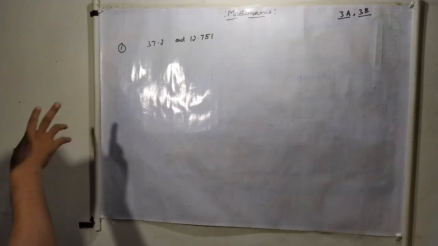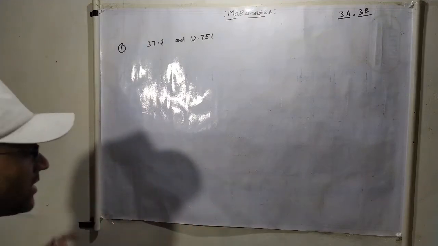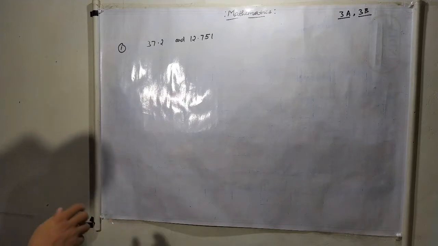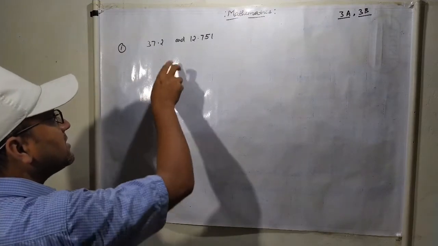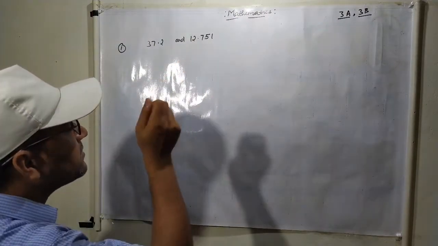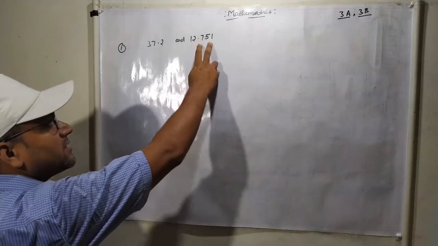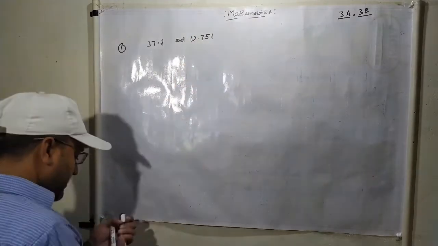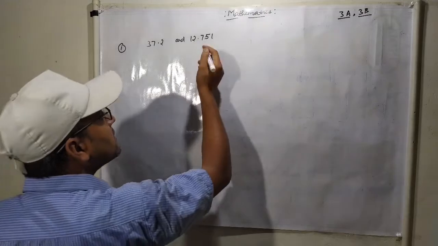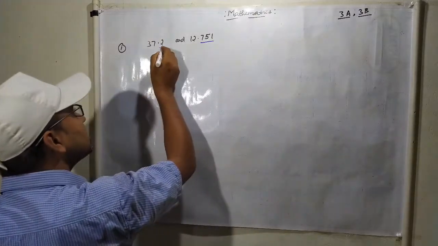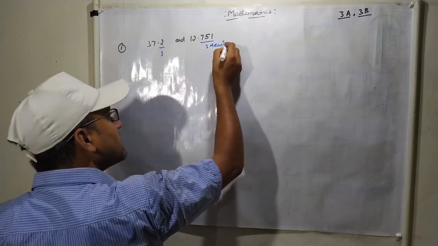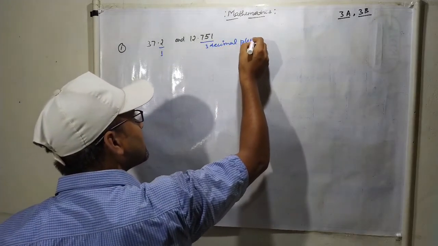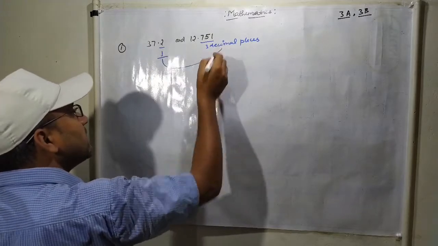First, find the number which has the maximum decimal places. Here there are only two numbers. In 12.751 there are 3 decimal places, and in 37.2 there is only 1 decimal place.